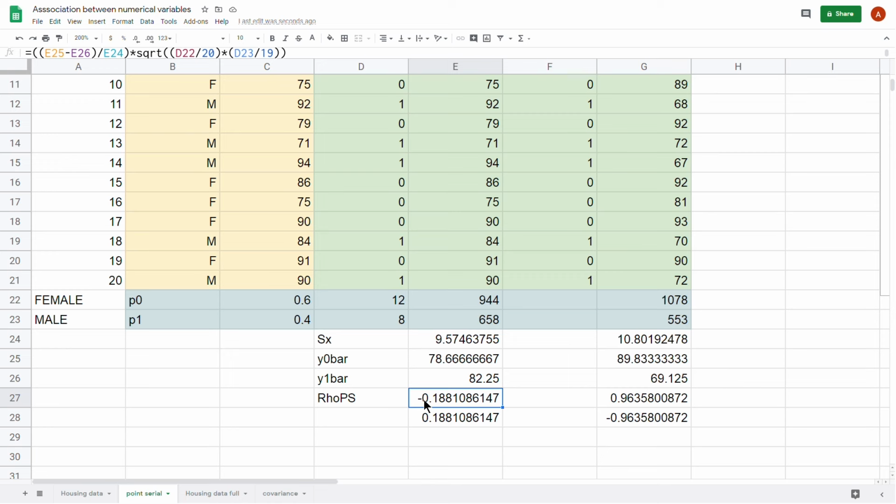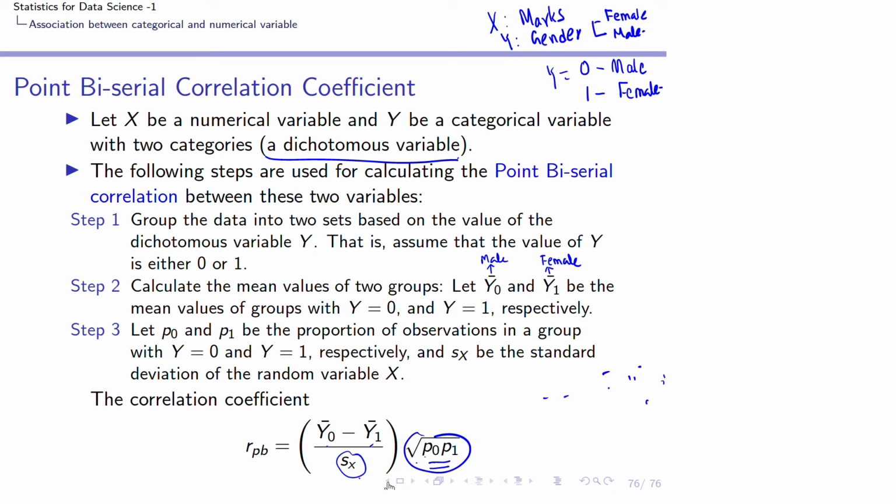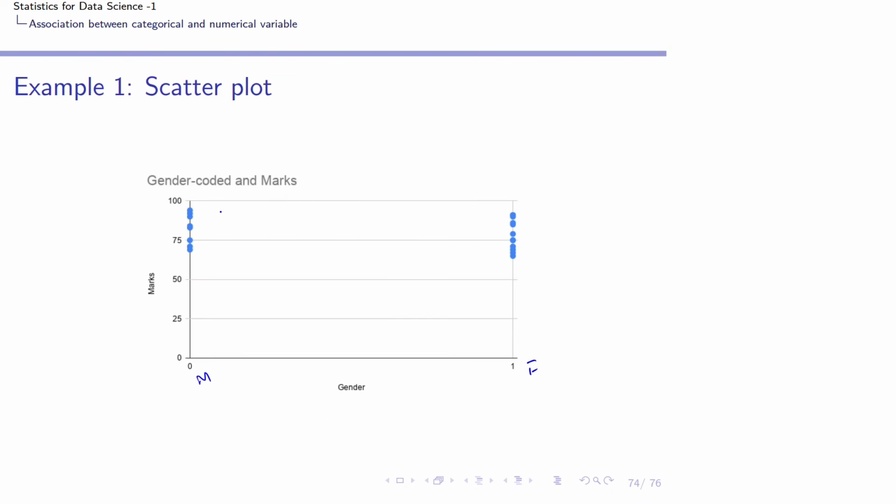Here it depends on how you are looking at the coding, and that decides what your point biserial correlation coefficient is. So in absolute terms this would lie between 0 and 1, and it is closer to 0. It says that in this data set my gender really has no association with the marks. And that is validated by my scatter plot also for my first example, which said that irrespective of which gender you are from, your marks seem to be distributed in the same way.